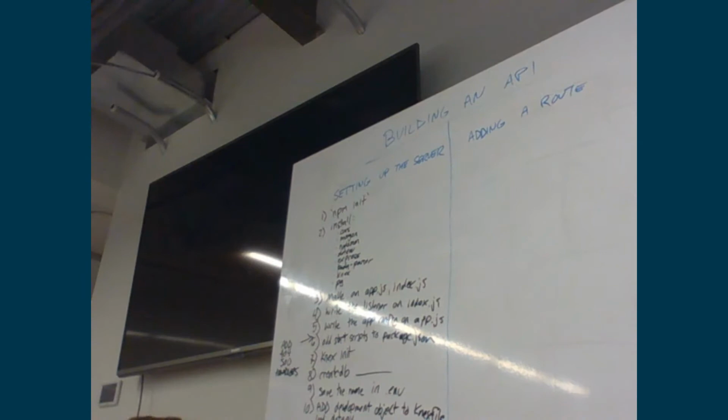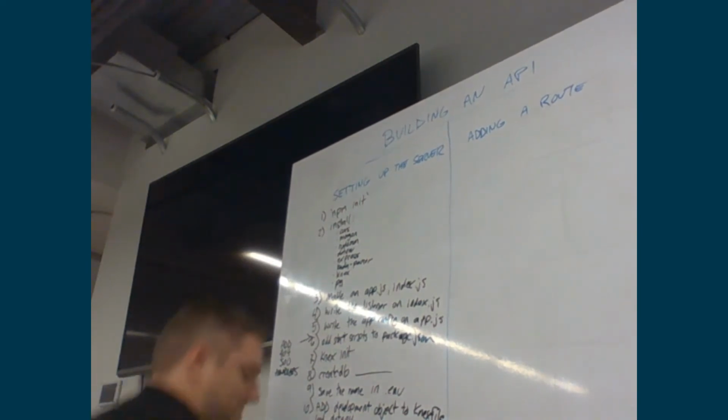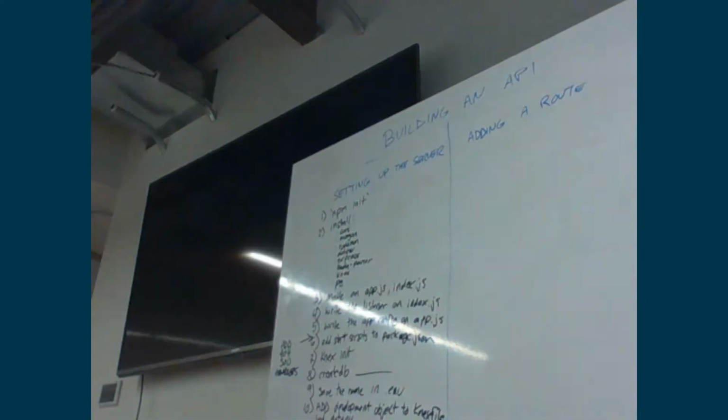Or before I do that even, yep, I need to add the database URL to the .env. Then what do I do?